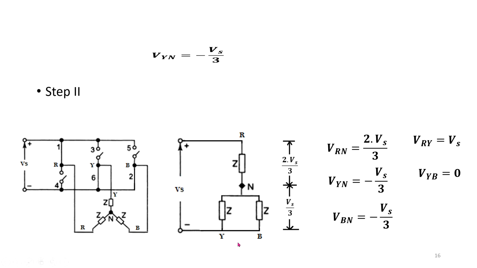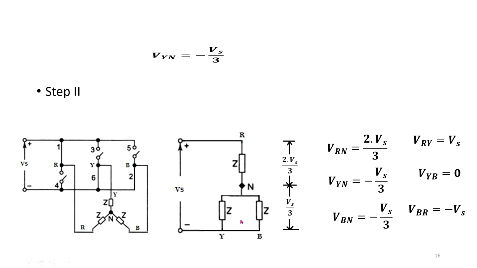Next is VYB. This is the short point. A short circuit is always 0 volt. And VBR, from here to here, this line voltage, you can see that this is a negative point. We can clearly check that, and the reference is negative.